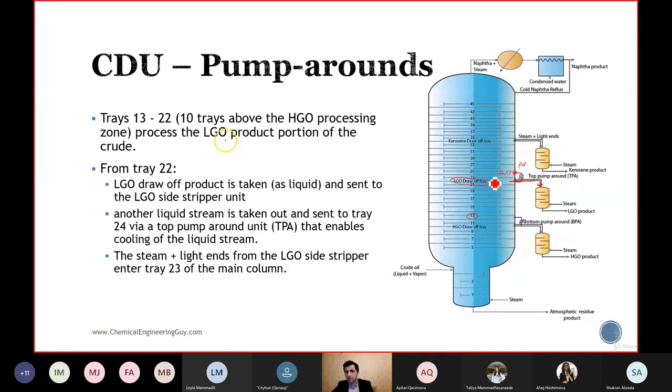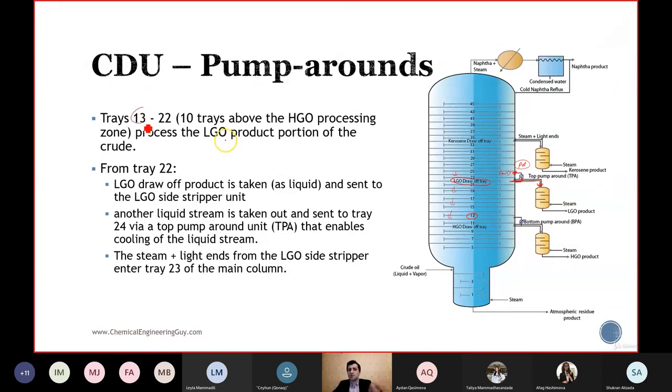And basically, when the temperature at 24 decreases, all the temperatures below this tray start to decrease. So we basically control the temperature between 13 and 22 with the flow rate of this pump around.